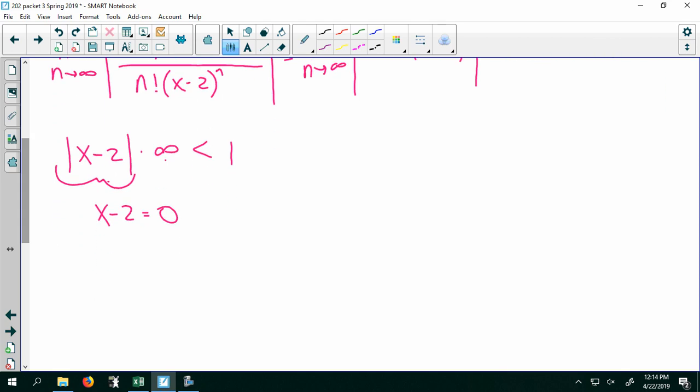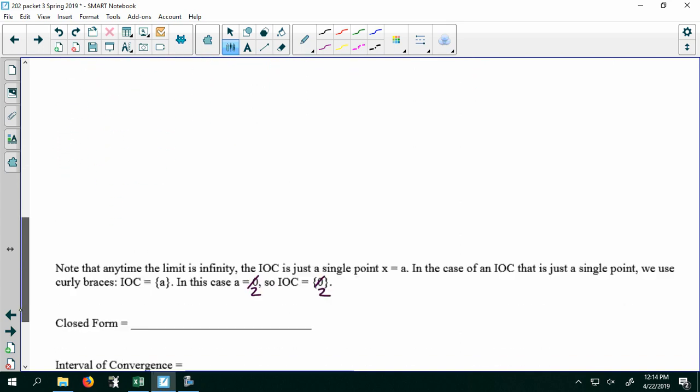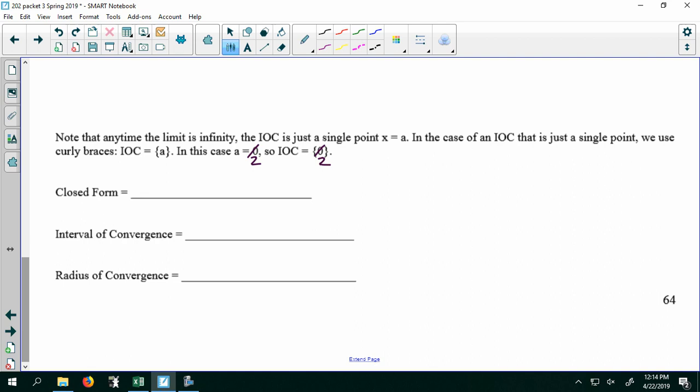So this only is less than 1 if x minus 2 is 0, which means x equals 2 is the only x value for which this converges. So we say the interval of convergence is just the set 2. The radius of convergence would be 0. There is no length there between the center of the interval and the endpoint of the interval.